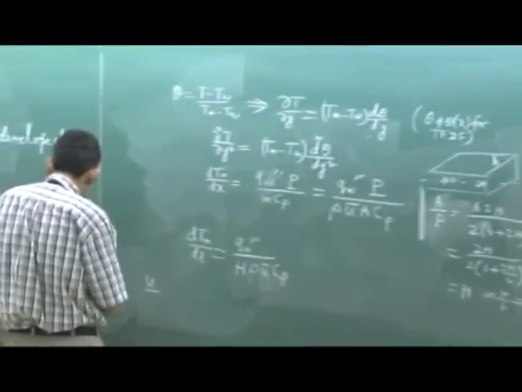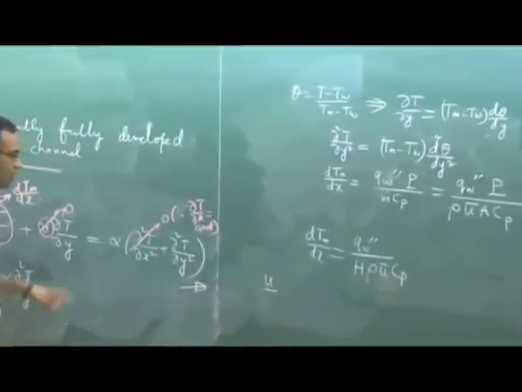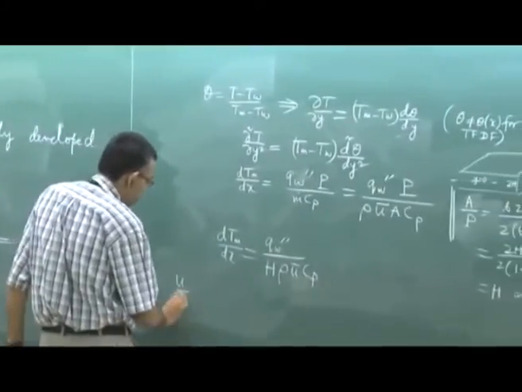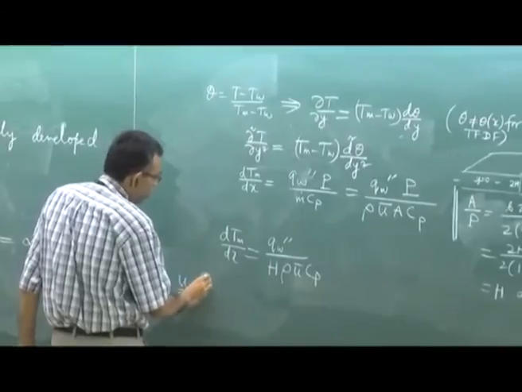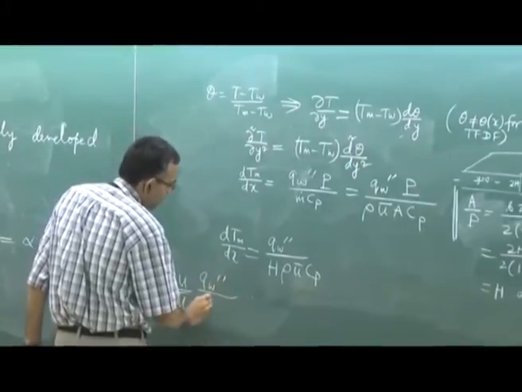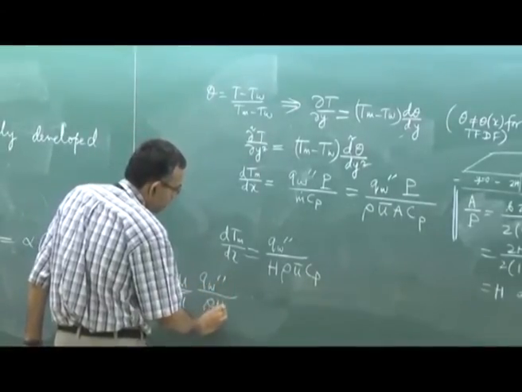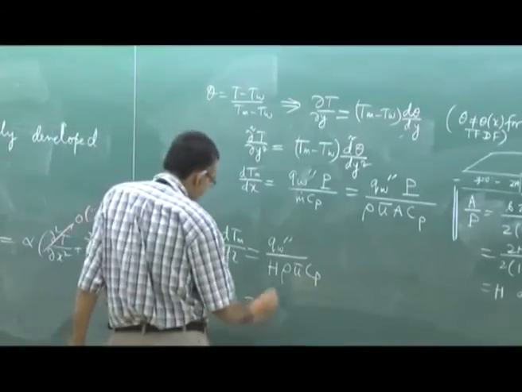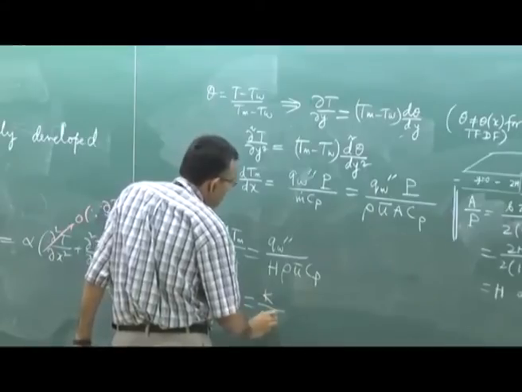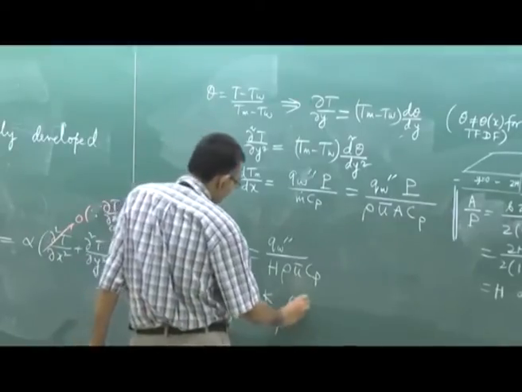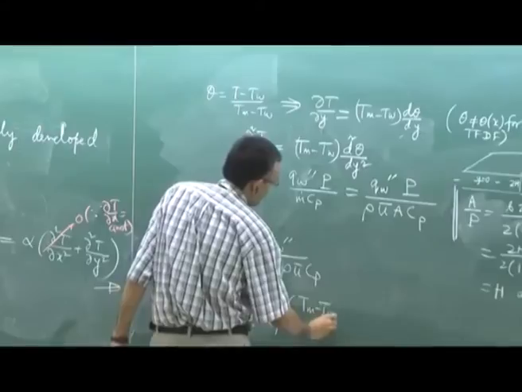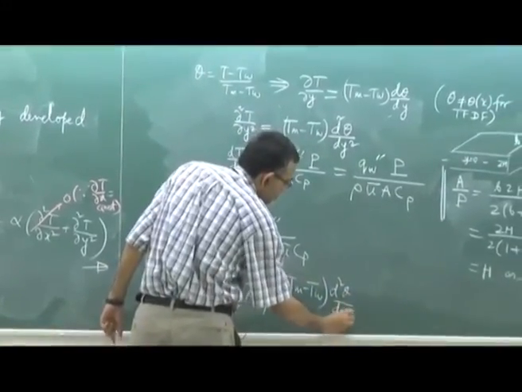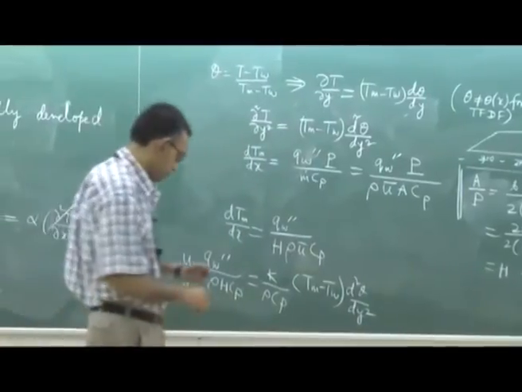We are writing this differential equation: u dTm dx is u by u average into Q double prime by rho h Cp, which is equal to alpha, and alpha is k by rho Cp, into Tm minus T wall into d2 theta dy2.